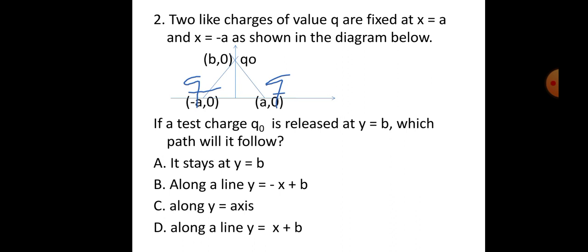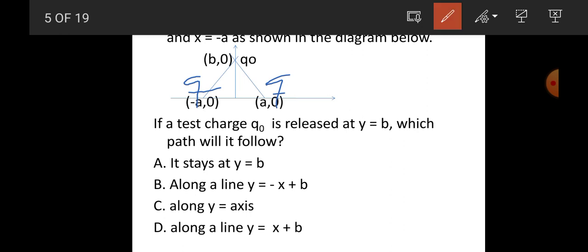As shown in the diagram below, if a test charge q naught is released at y equals b, which path will it follow?